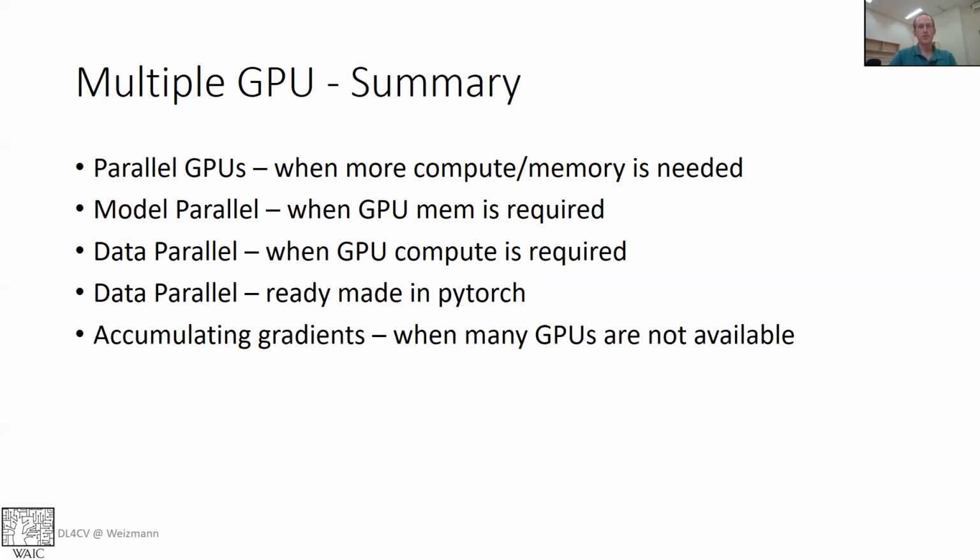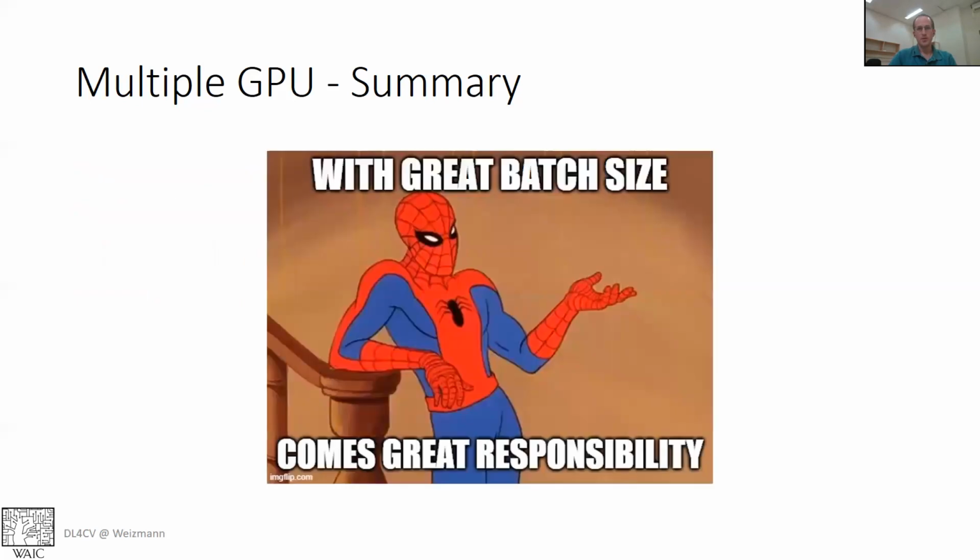And if you don't want to do parallel, but you are stuck with small memory, you can also always do gradient accumulation when you don't have many GPUs available. And always remember, with great batches comes great responsibility.